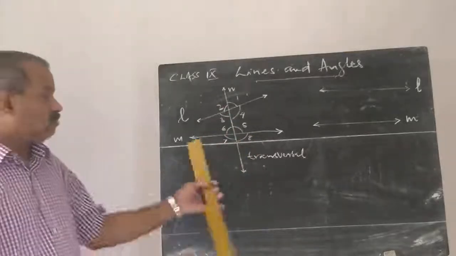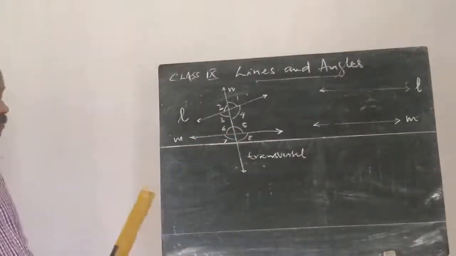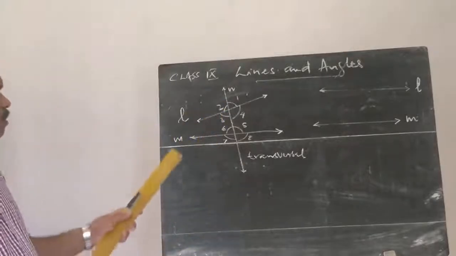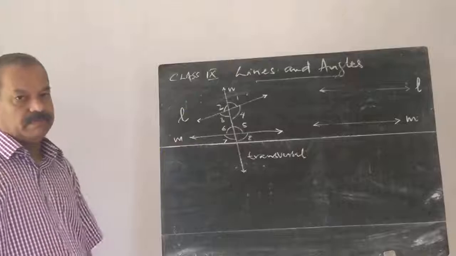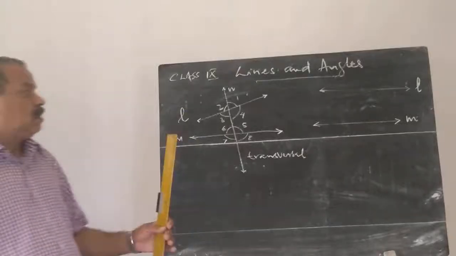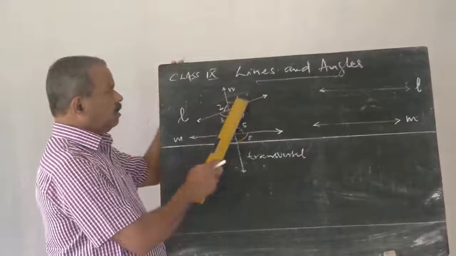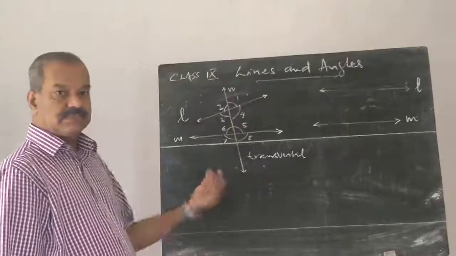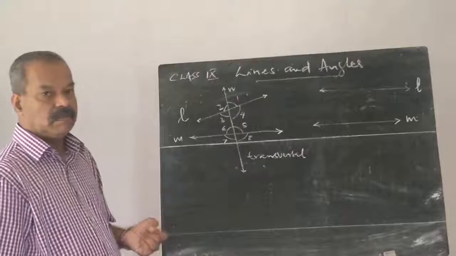There are 8 angles formed by the intersection of the transversal and the lines L and M. Hence, each of these angles has a particular name.